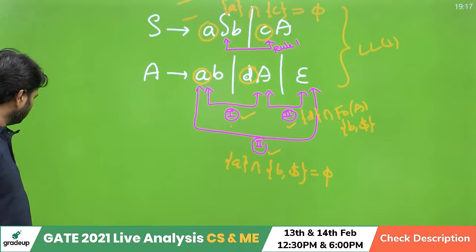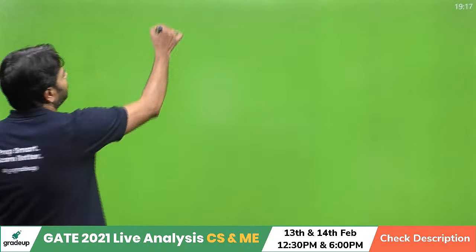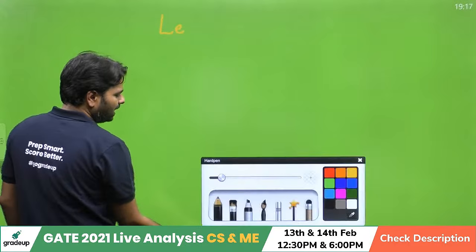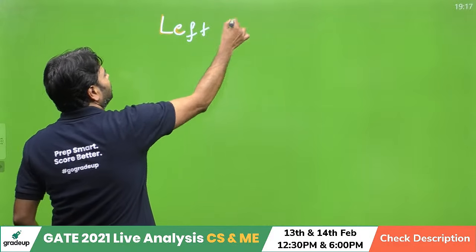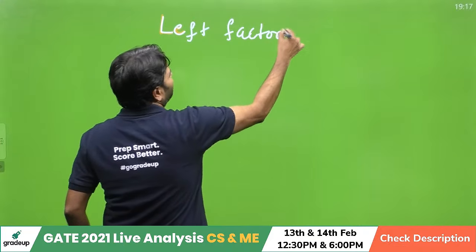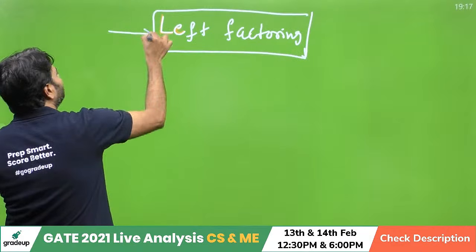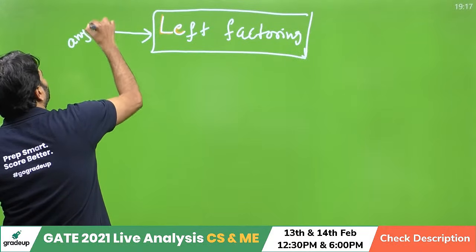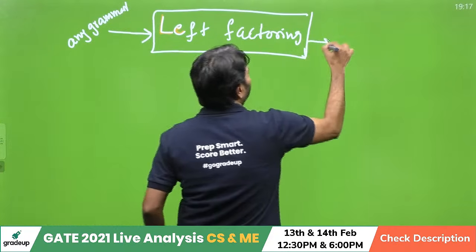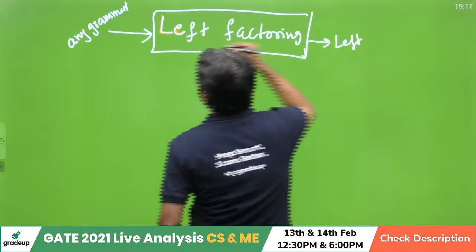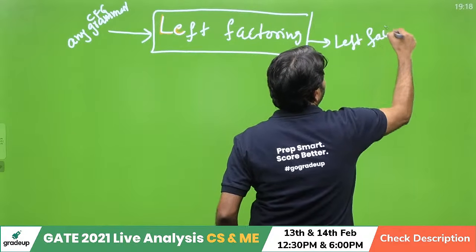All right. Let's move. And somebody wants left factoring before this. Is left factoring difficult? Okay, one example guys, not much. Left factoring is a concept, an algorithm. Give any grammar, any CFG I am talking about, and it will try to make a left factored CFG.